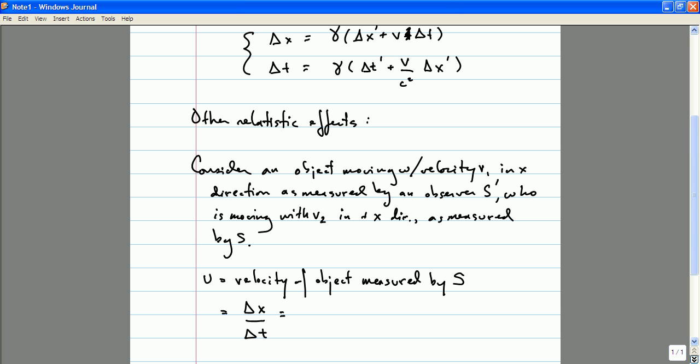So the factors of gamma will cancel when I divide that first formula by the second.